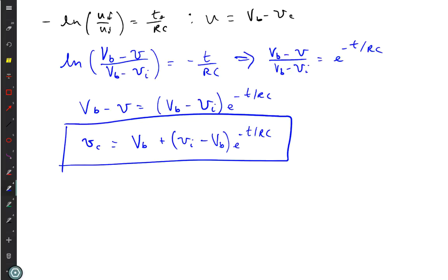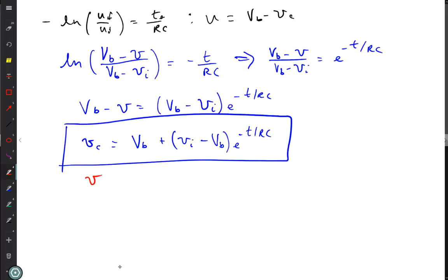And so I usually take this and I write it in a generic form. The generic form works always, and it doesn't matter if you're looking at a capacitor like we did this or an inductor.